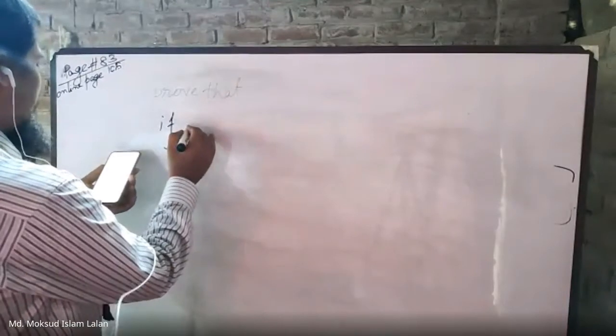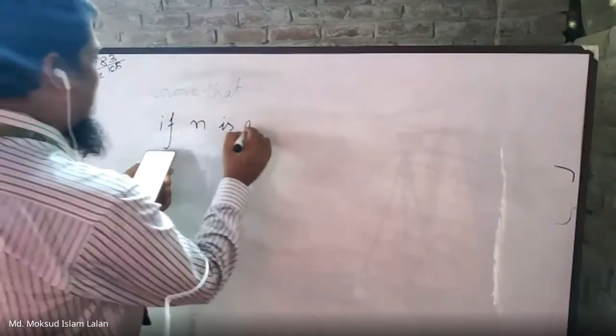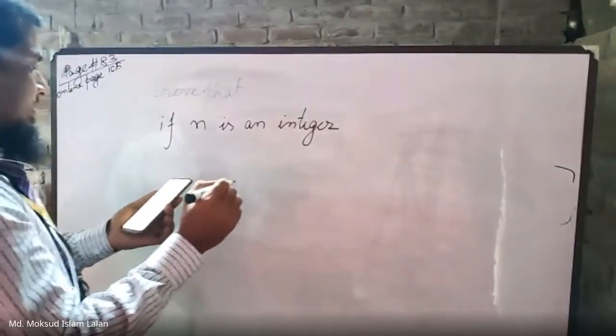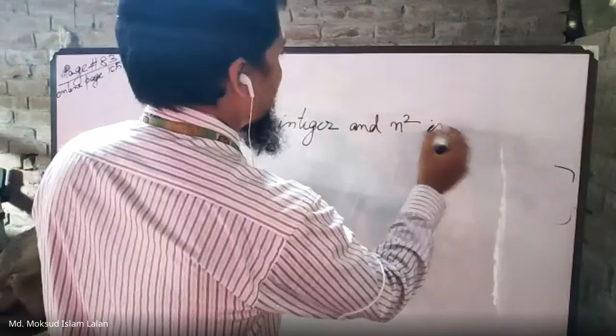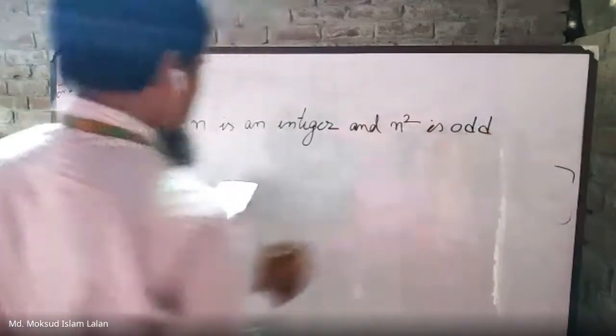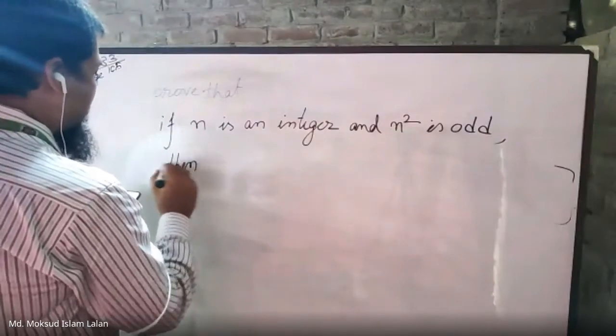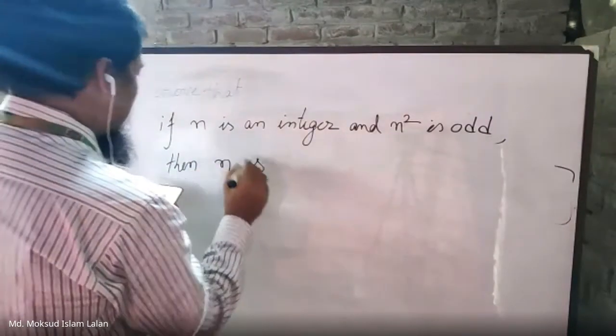Prove that if n is an integer, and n square is what, then n is what?